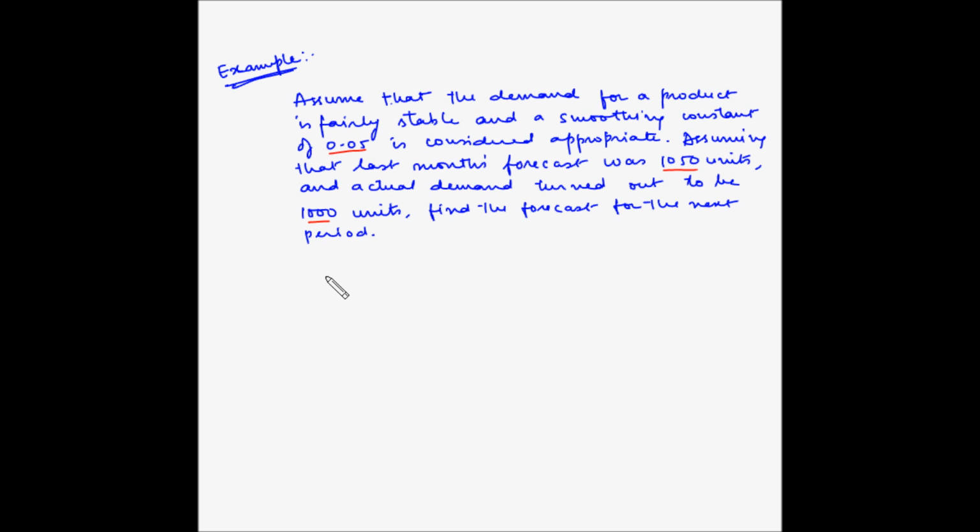So the formula for finding the forecast using exponential smoothing method for period t is ft is equal to ft minus 1, that is a forecast value for the previous period, plus alpha, the smoothing constant, multiplied by the actuals for period t minus 1 minus the forecast for t minus 1.